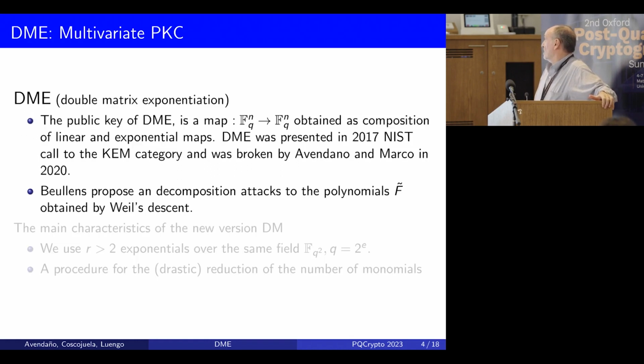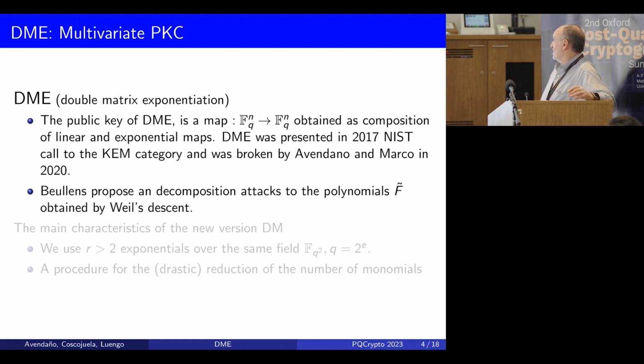Okay, so as I say, the public key of DME is a map that is a composition of linear and exponential maps. For instance, we presented the first version of DME to the first NIST call in the category Ken, and it didn't pass to the second round, and furthermore it was broken.